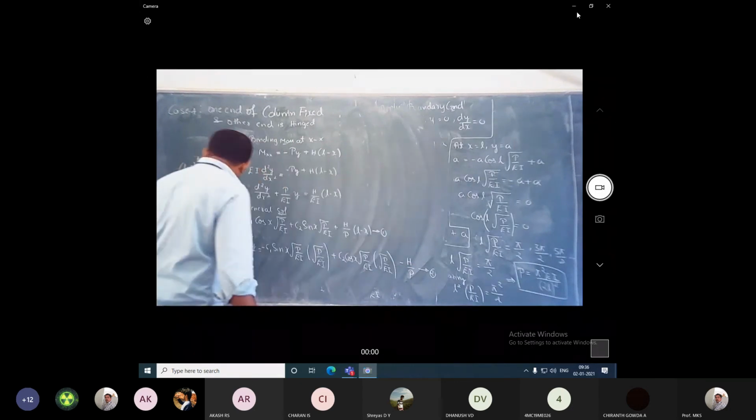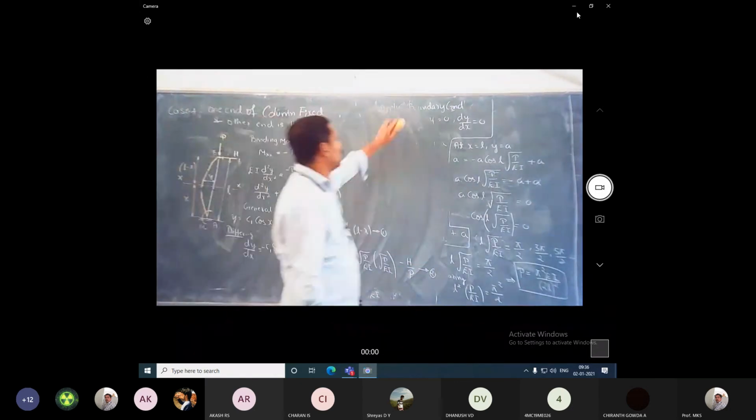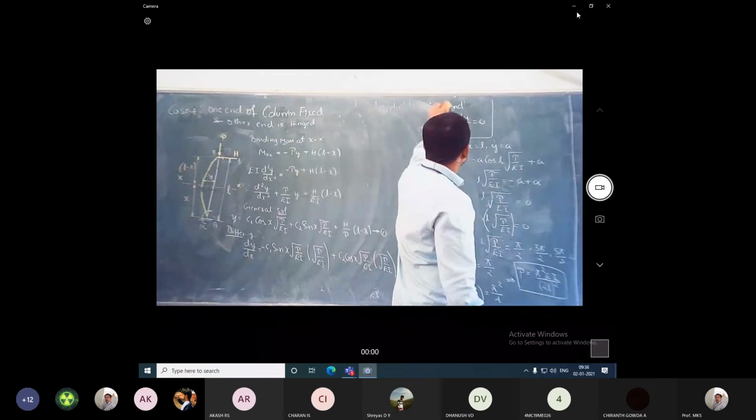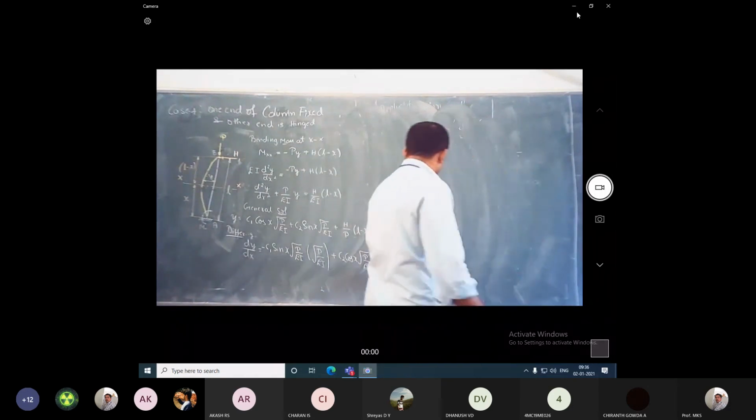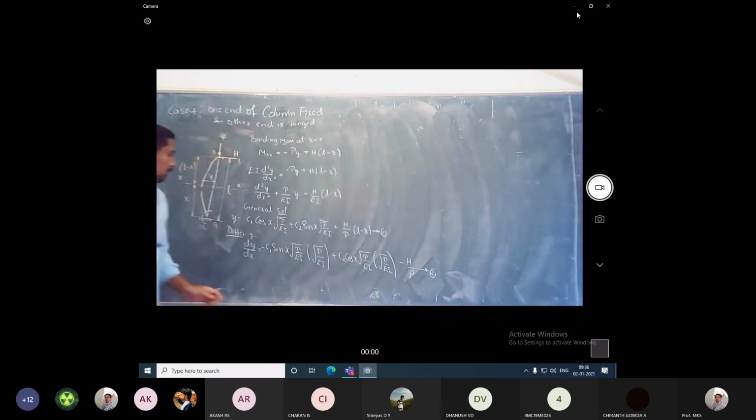Then you need to apply the boundary conditions to get the constants. Apply the boundary condition at the fixed end, at x equal to 0: the deflection y is 0, and the slope of the curve at this point is also 0, dy/dx is 0. You apply that and you will get C1 and C2.